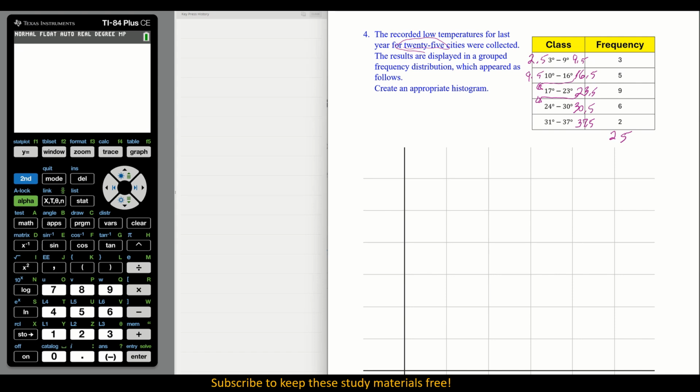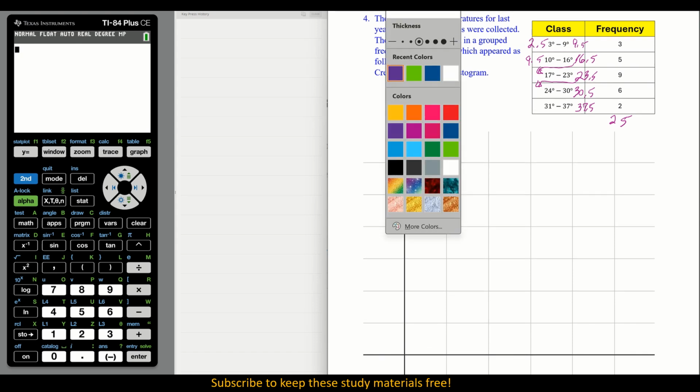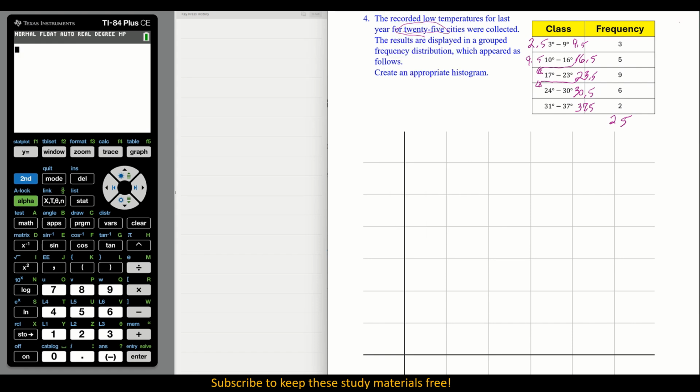Now, how do we do that real quick? Well, let's see, we have 25. All right, let me change it totally to green so you can really see it. So what we have here is for our frequencies, our lowest is 2 and our highest is 9.